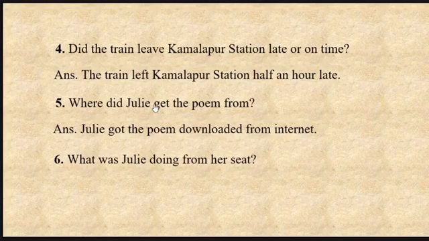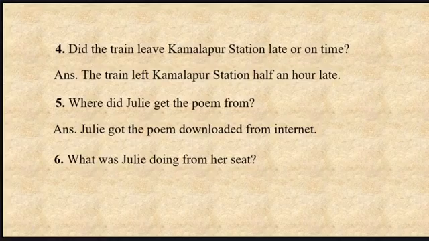Remember, if you see the word get, that means got, you have to write the past participle form of the verb after this. This is usual. Julie got the poem downloaded from internet. I think all of you understand this.